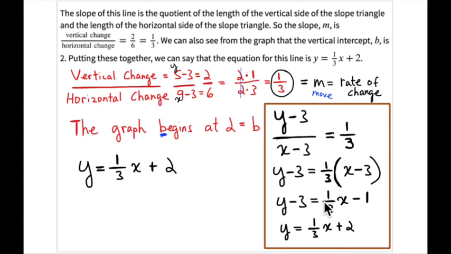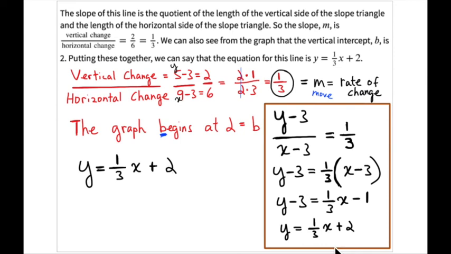So y minus 3 is equal to 1/3 x minus 1. Add the 3, subtract the 1 at the same time. So y is equal to 1/3 x, and that 3 minus 1 is 2. So y equals 1/3, whatever the x value is, plus 2. Remember that 2, you're adding the start. You're adding the beginning amount, which is that 2 right there, which matches this 2 right here.